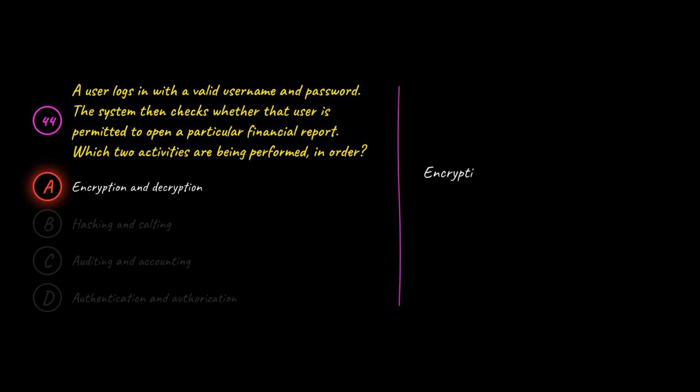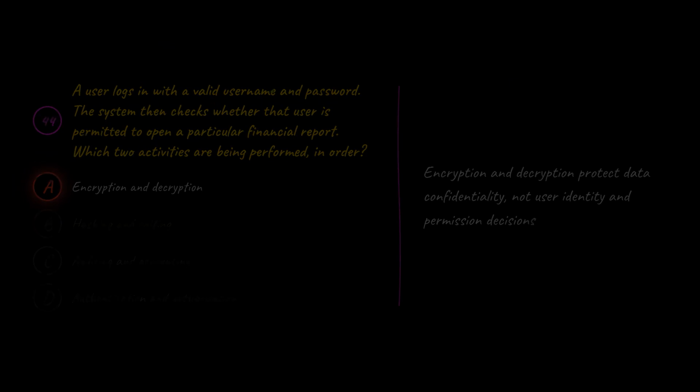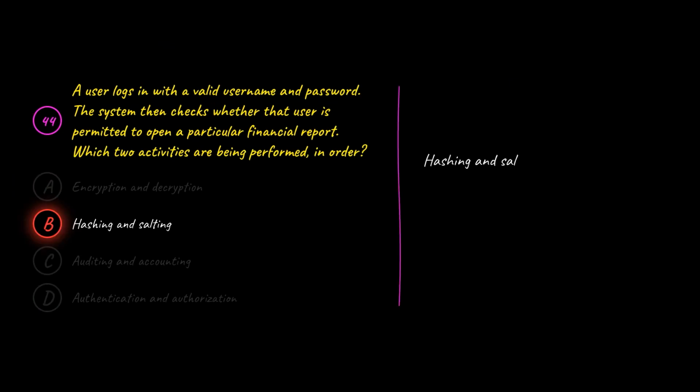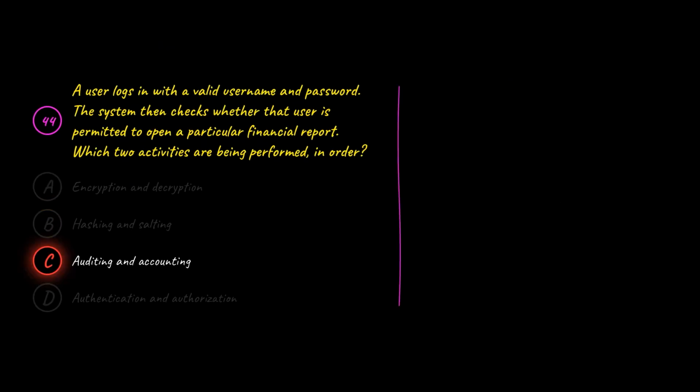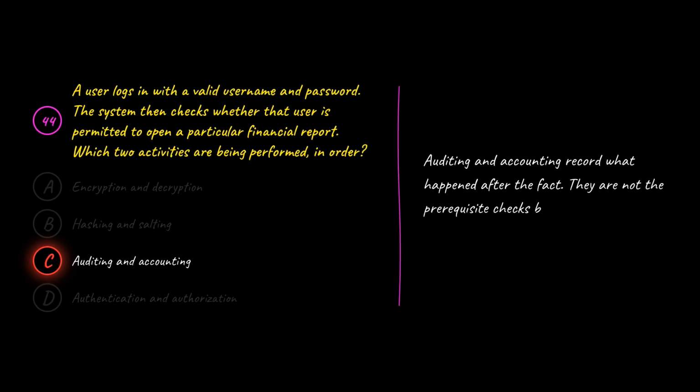A is wrong because encryption and decryption protect data confidentiality, not user identity and permission decisions. B is wrong because hashing and salting strengthen password storage. They are not the runtime sequence of identity and permission checks. C is wrong because auditing and accounting record what happened after the fact. They are not the prerequisite checks before granting access.